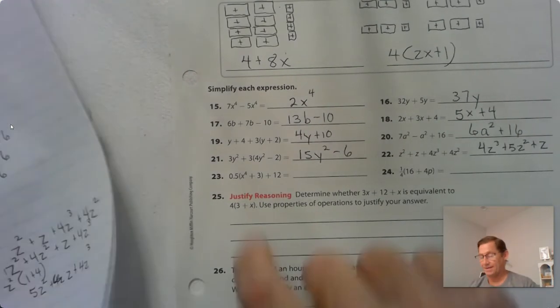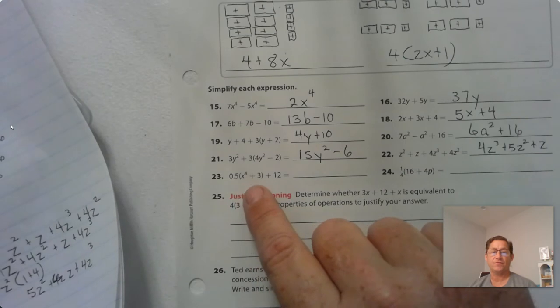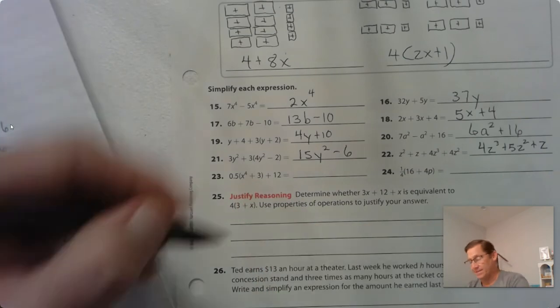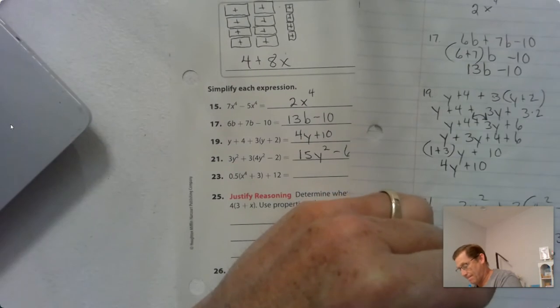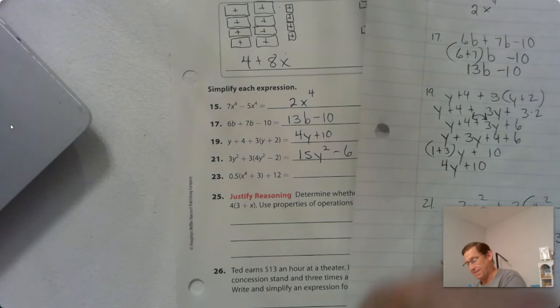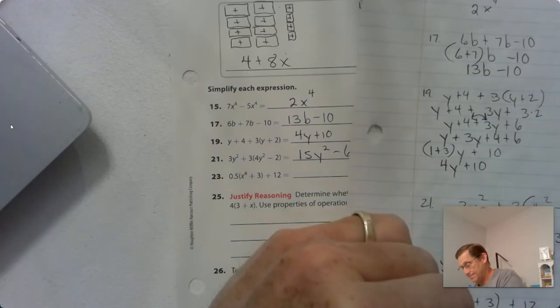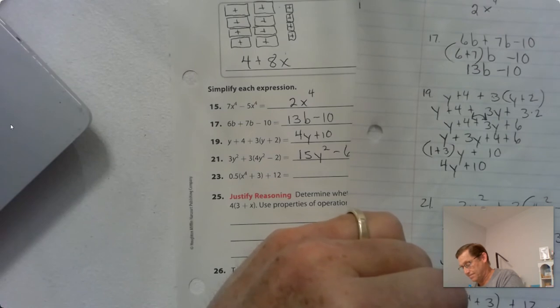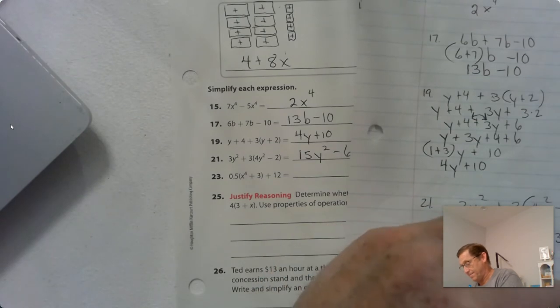And 23. A half of the sum of x to the fourth and 3 plus 12 is the same as 1/2 times x to the fourth plus half times 3.